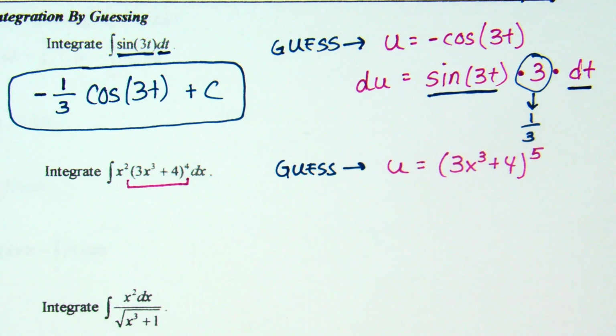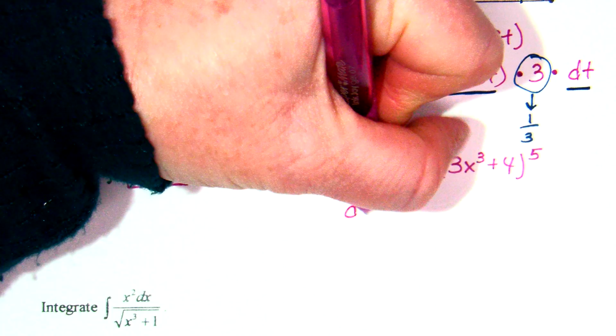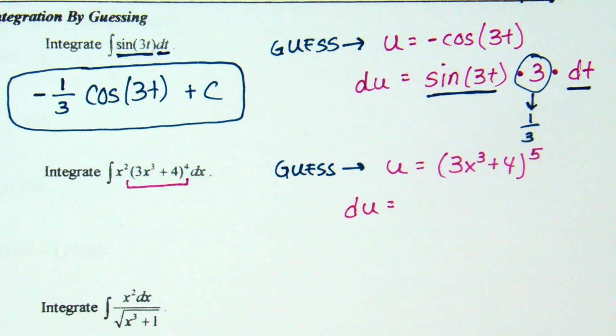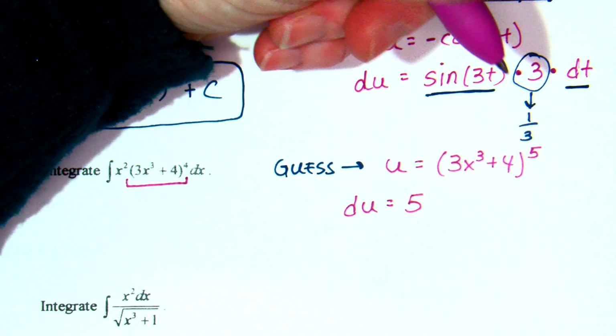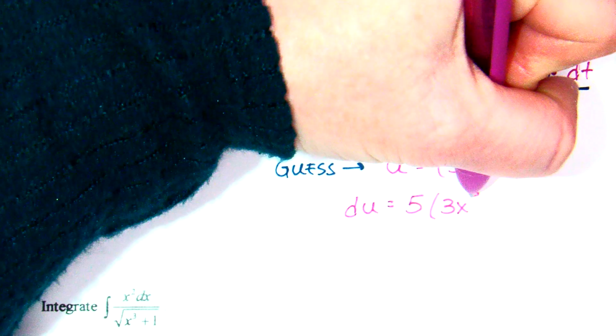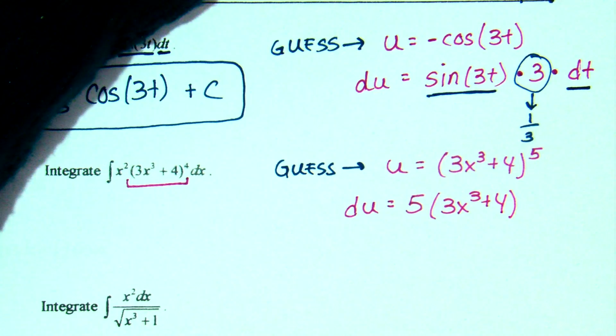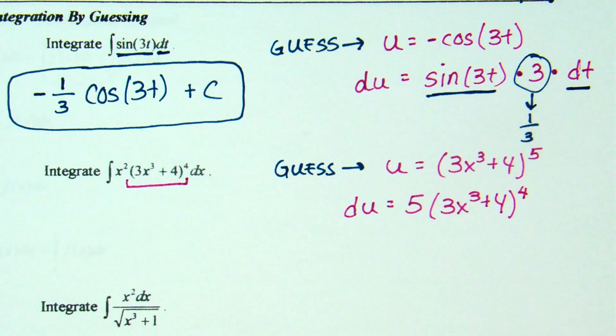Again, you guys will get to the point where you won't necessarily write all this down. You'll see it and be able to work with it. So let's check this and see what missing pieces we need to compensate for. The derivative of something raised to the 5th becomes what? 5 out front, times your something, 3x cubed plus 4, raised to the power of 4, because you subtract 1.